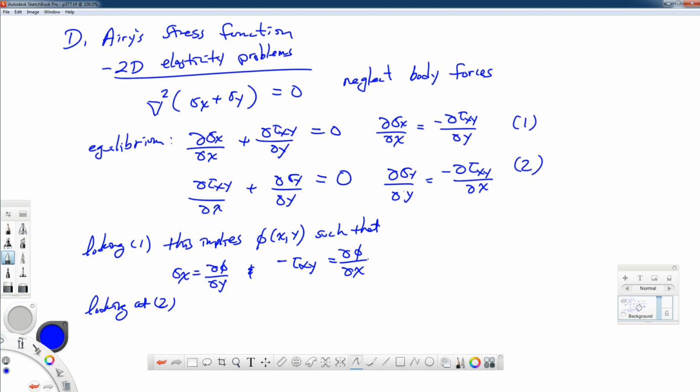If we look at equation 2, we have the same sort of implication. We can derive sigma y from a potential function. I'll call this one theta, call the previous one phi, so that the partial derivative of that function with respect to x will give us sigma y, and minus tau xy would be derivable from the partial derivative of this potential function theta with respect to y.